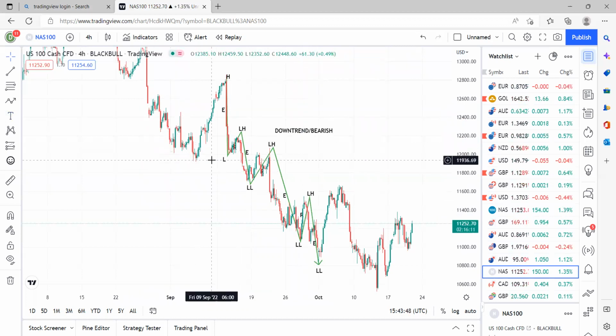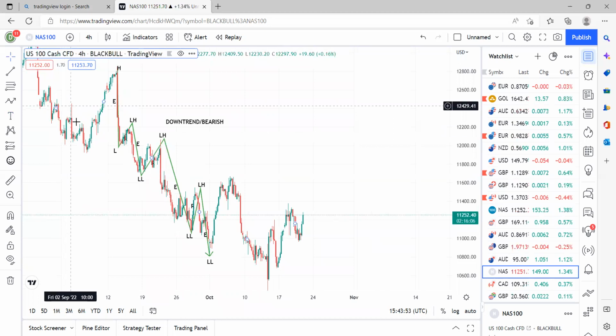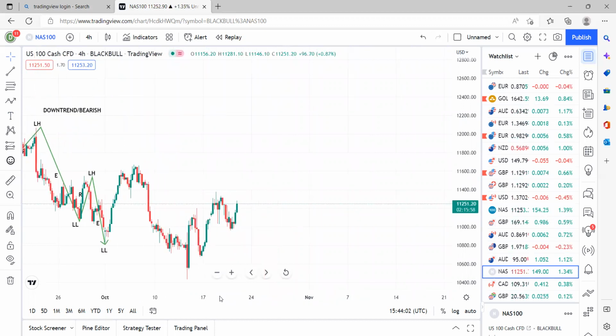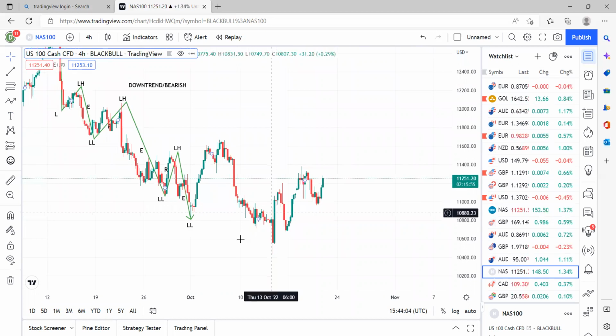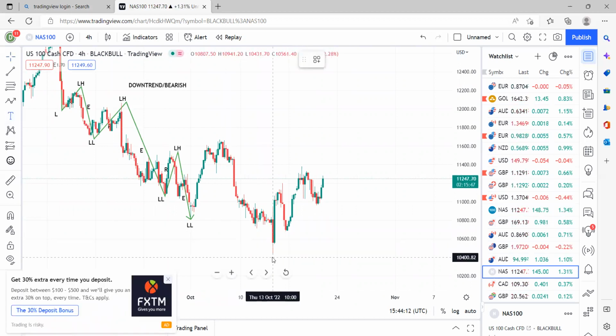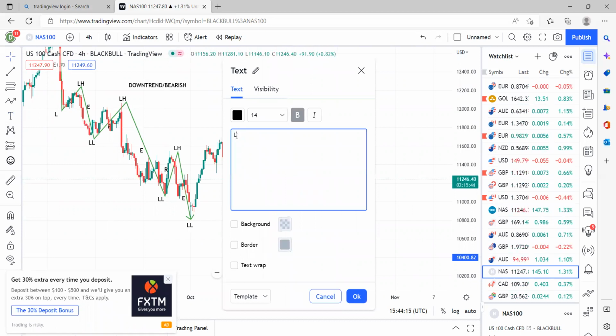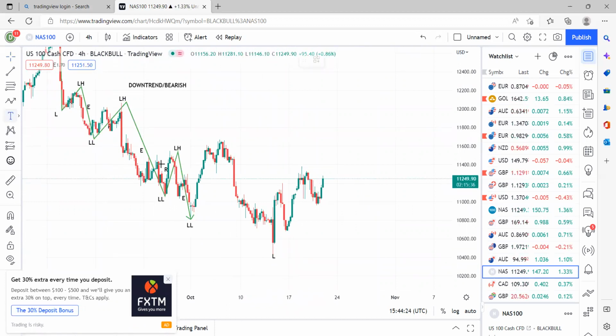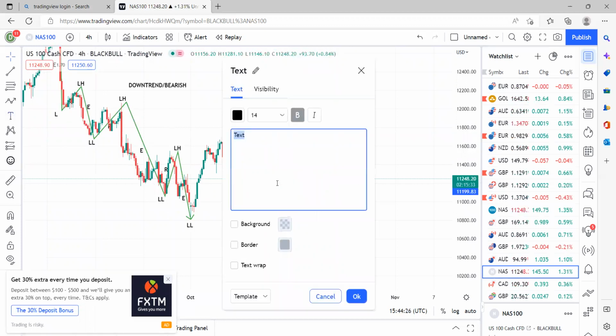And then we can also look for an example of a bullish trend or uptrend. We can look no further because we have a nice trend here. So here we have our low. And then we have our high.